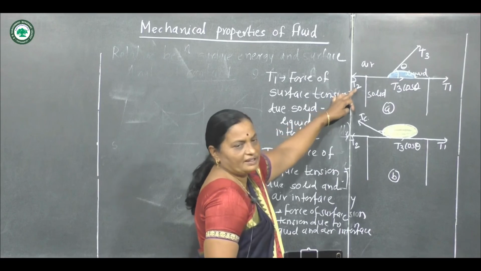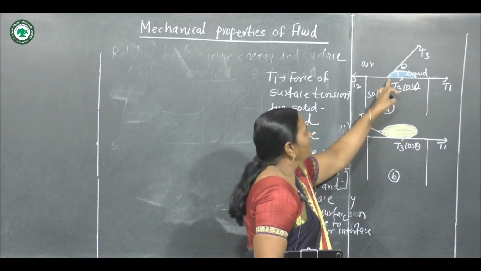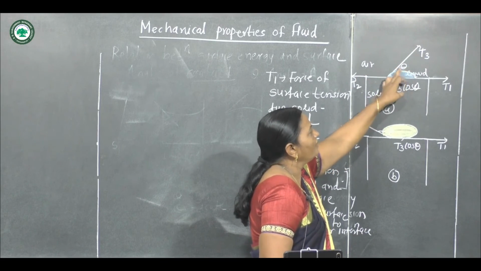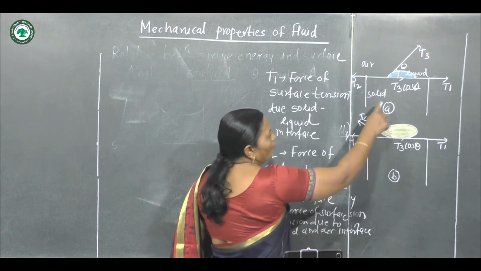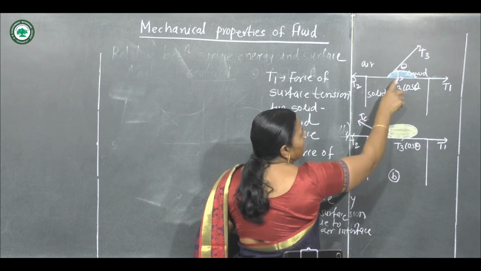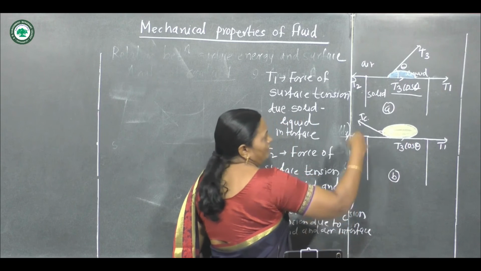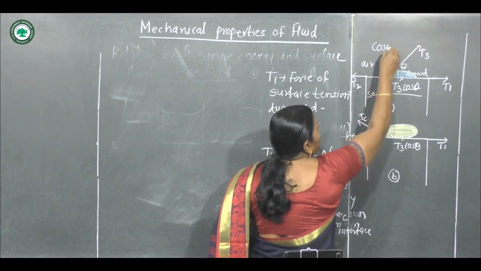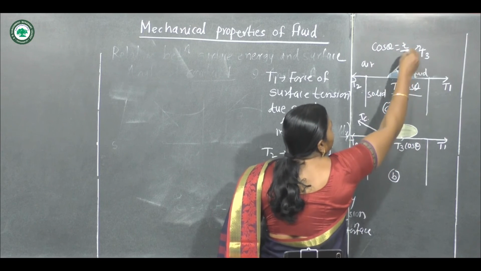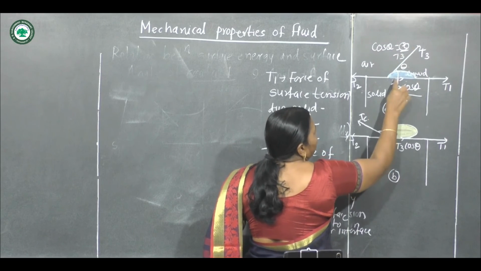See, from this we can write an equation. T1 is towards the right, T2 is towards the left, and T3 is at angle theta. Now we consider the component cos theta, on the adjacent side, therefore it is T3 cos theta. Cos theta is equal to this side x divided by T3, therefore we can write T3 cos theta for this unknown side.